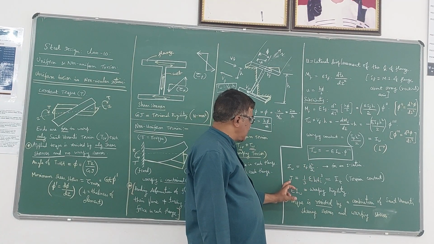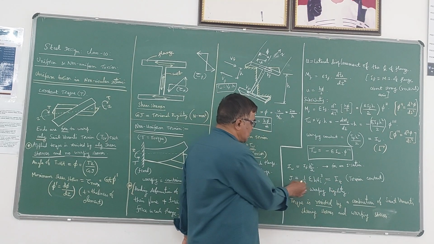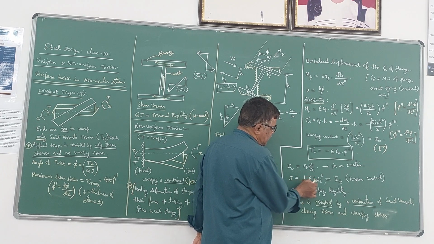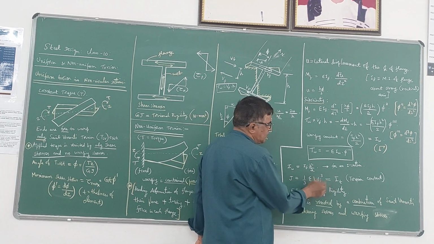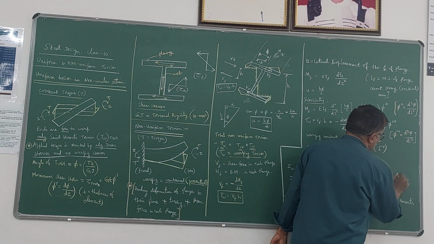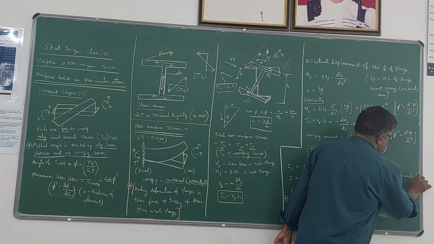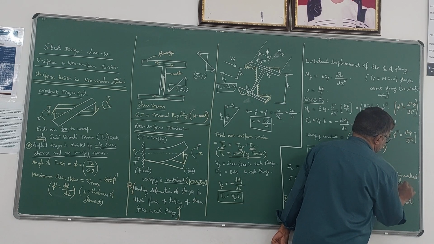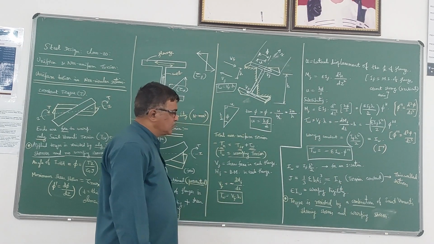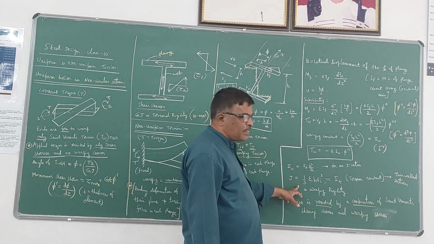And the value of J, this J is called the torsion constant. For an I section, the torsion constant is taken as 1 by 3 into summation of bi into ti cube. This is for an I section, or you can take it for thin walled sections. So an I section is also taken as a thin walled section, where the thickness is very small compared to the width, so this formula can be used for finding the torsion constant.